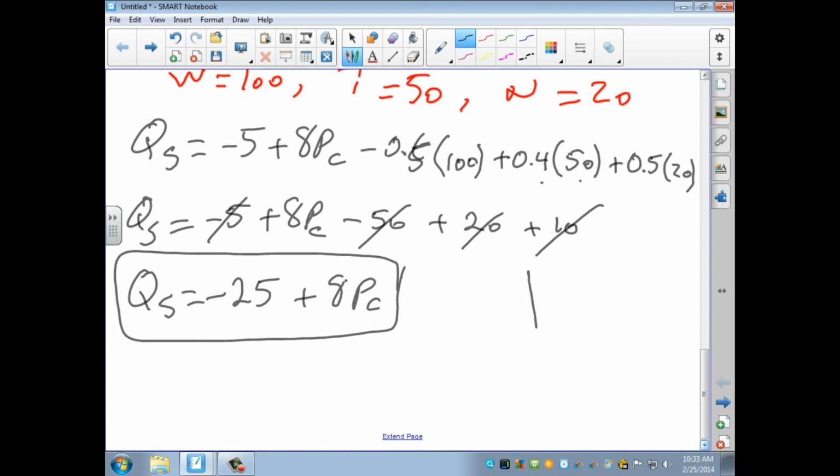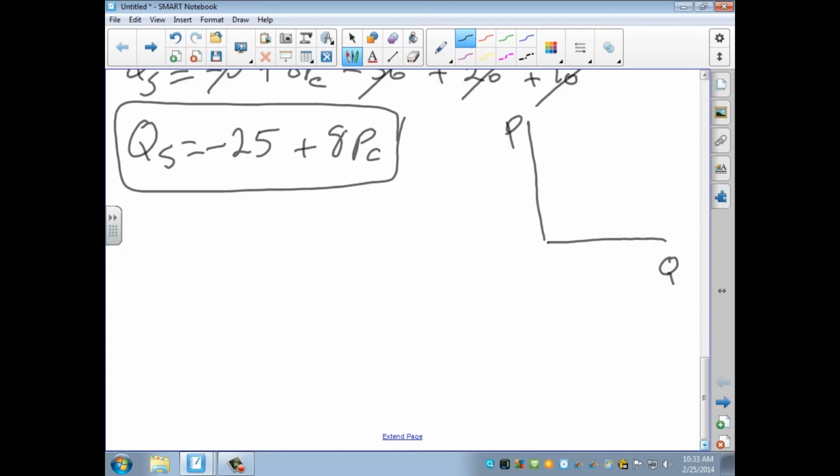Again, since we want to do this on the two-dimensional plane where Q is on the horizontal axis and P is on the vertical axis, we have to rewrite this as P equal to a function of QS. So we say 8 PC equals QS plus 25.